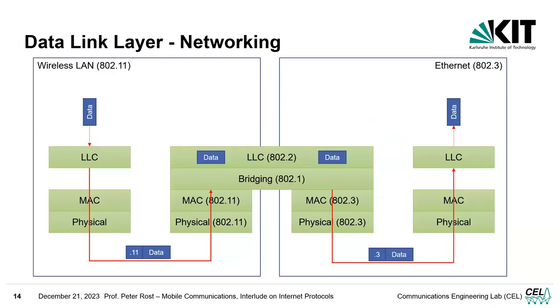And the way this bridging is done, to get data for instance from Wi-Fi to an Ethernet, is defined in the IEEE 802.1 standard. And this 802.1 standard is probably one of the most important IEEE standards because it defines very well how we forward layer 2 frames in networks, also between different technologies, also taking quality of service into account and so forth.